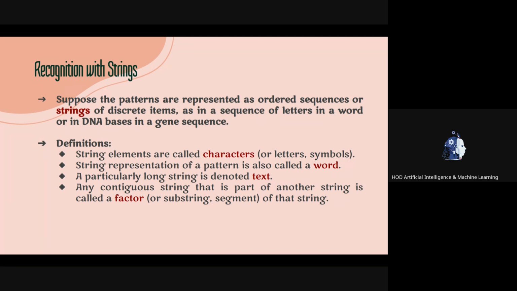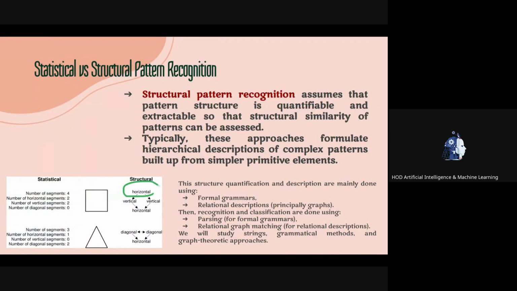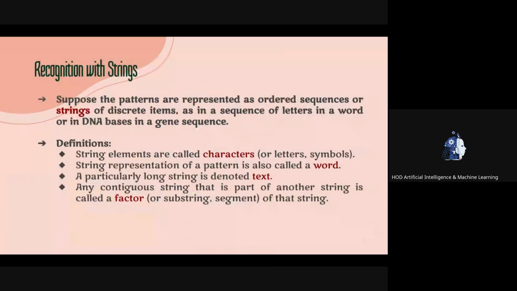A string representation of a pattern is called a word. We generally call this a string, but in a string we also have some definitions. We call this a word, and in this word you have H as a string element, O as a string element, R as a string element, I as a string element. These are all string elements or characters.